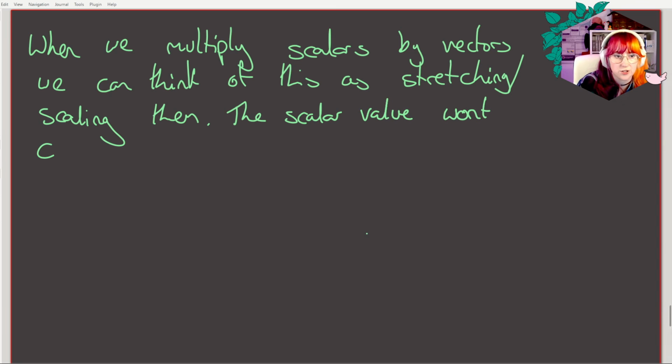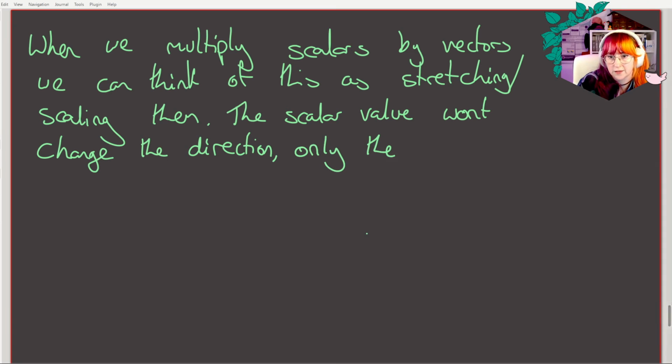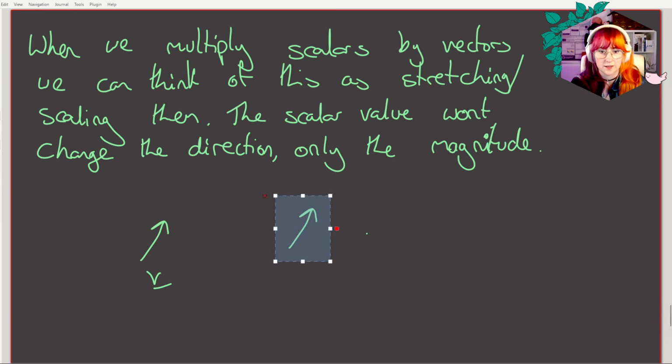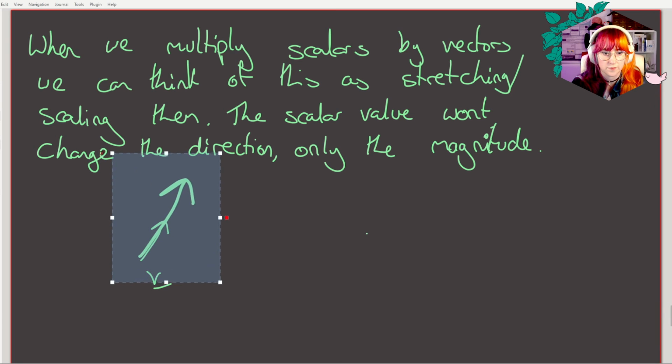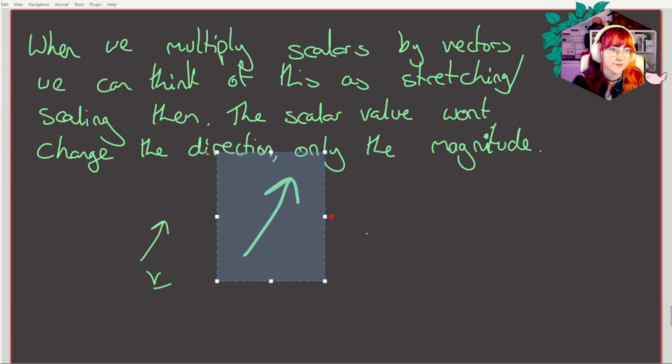Scalar value won't change the direction, only the magnitude, okay? A good example of this is if I take my vector v, I can stretch it to twice the size and have 2v.